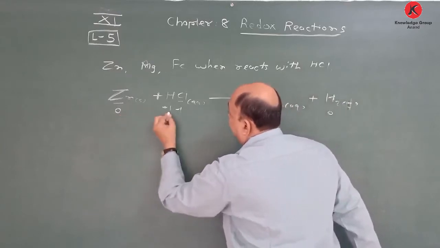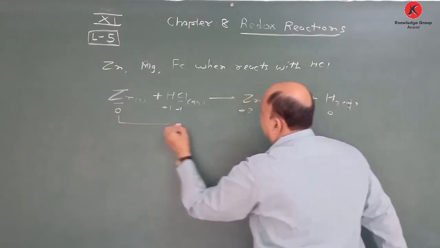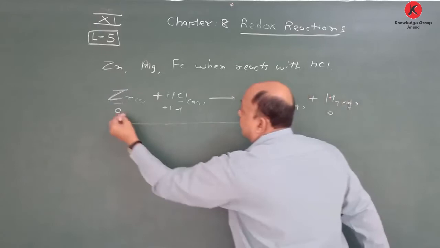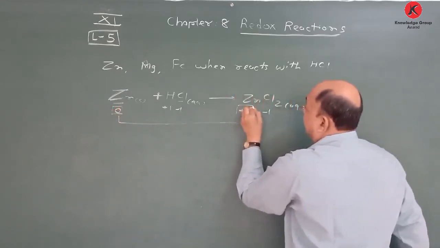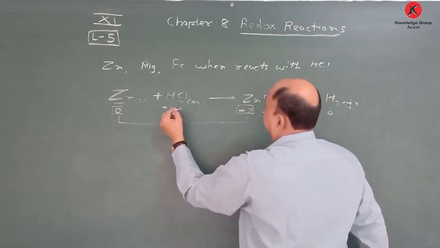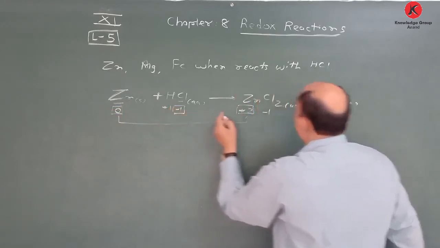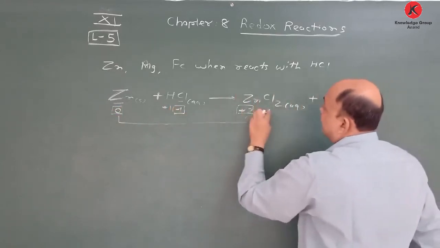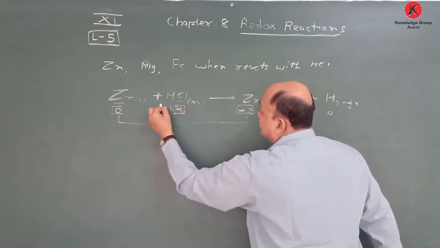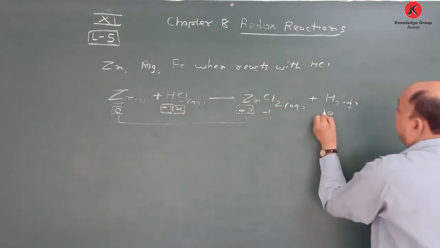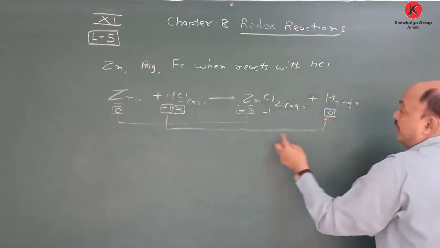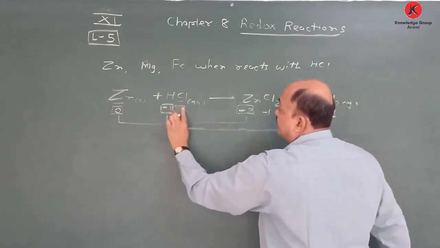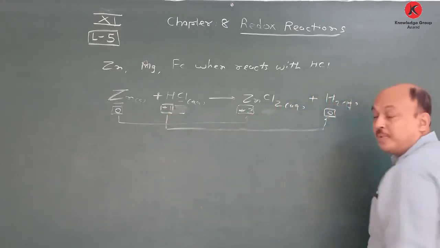So 0 to plus 2, and minus 1 to minus 1, it's cancelled out. So here plus 1 to 0. When it is changed, you have to write that oxidation number. Those not changed, you just remove it, don't bother about that.